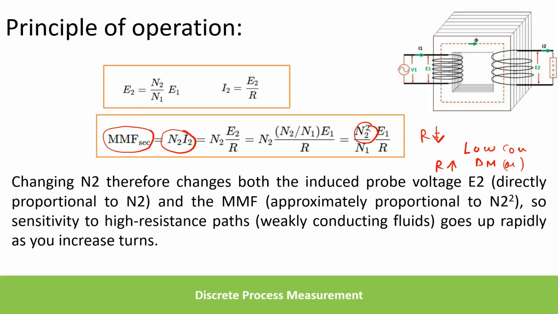Suppose you are using it for highly conductive fluids like metal powders, then an inductive relay with fewer turns can be selected. And if you are using this relay for DM water or distilled water, which has very high resistance, you need to select a relay with more secondary turns.